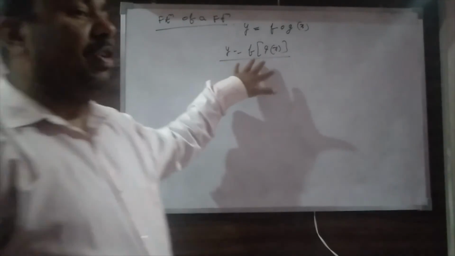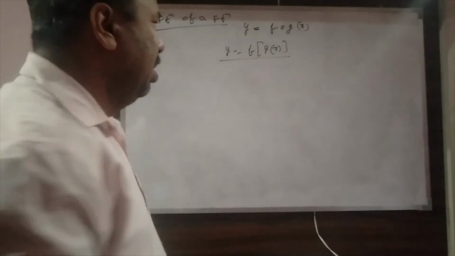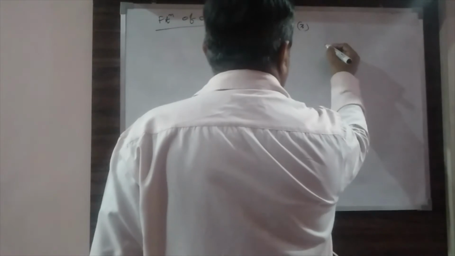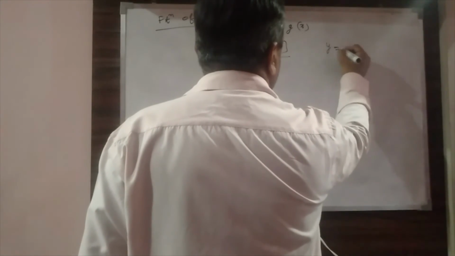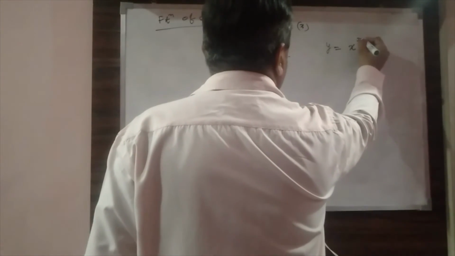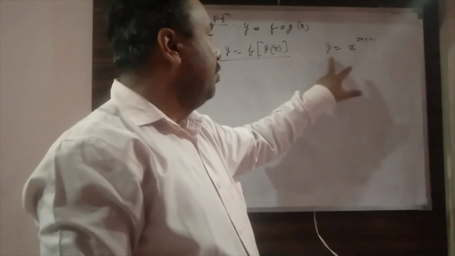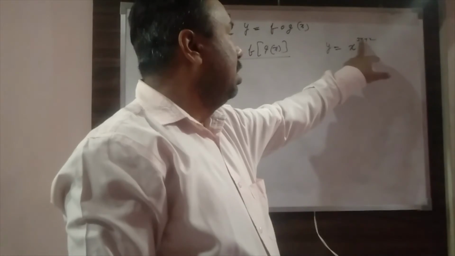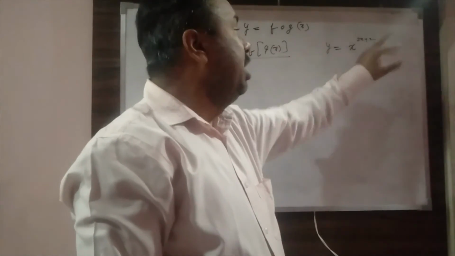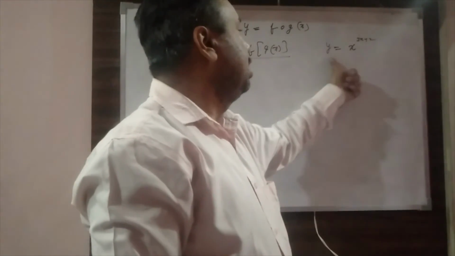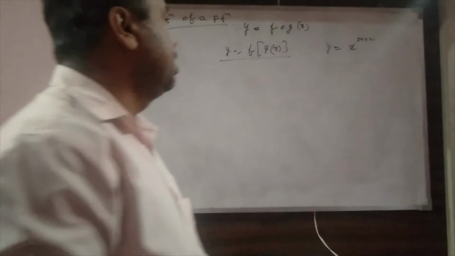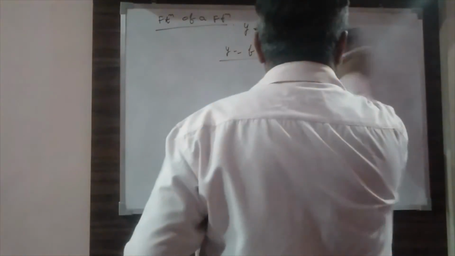Now if I have to differentiate, for example, you can see if y is equal to x raised to the power 3x plus 2, y is a function of x, but the power is already a function. This is one function and this is another function. So in such cases, how do we differentiate it?